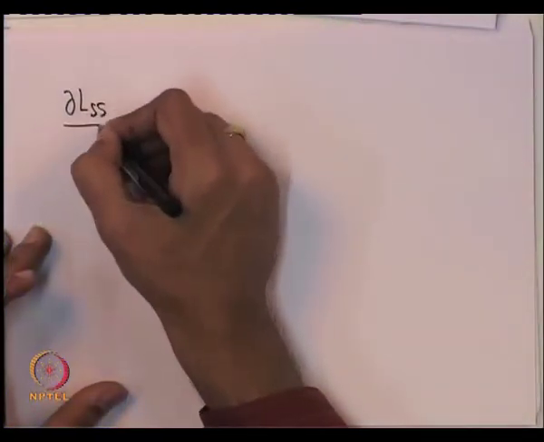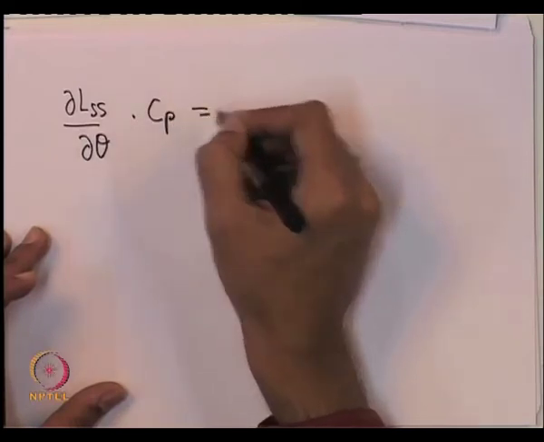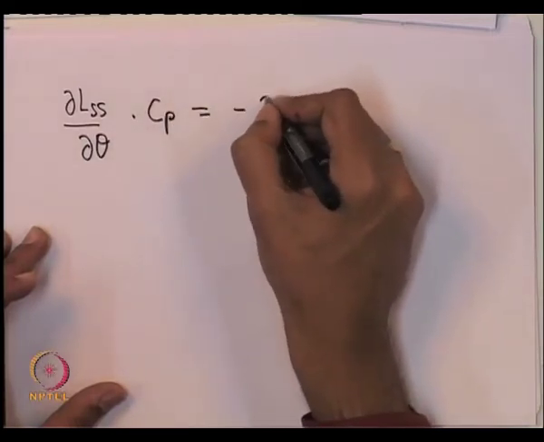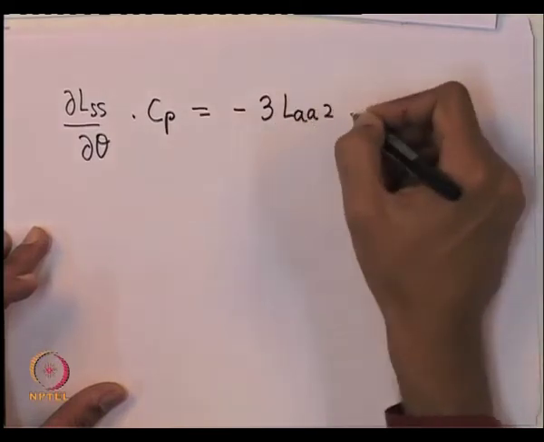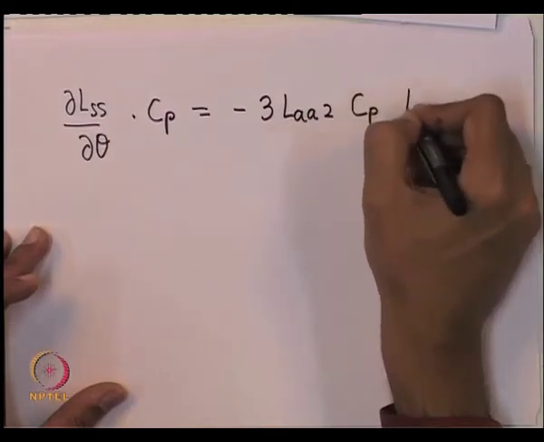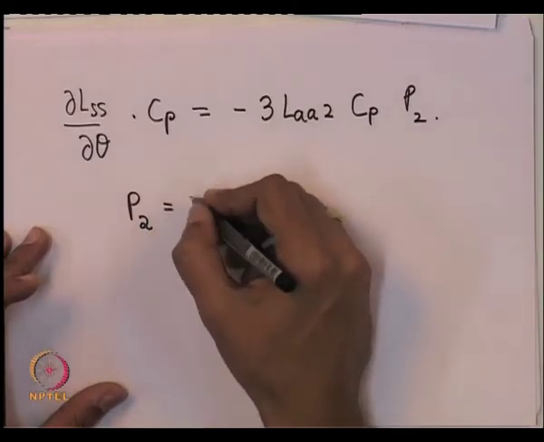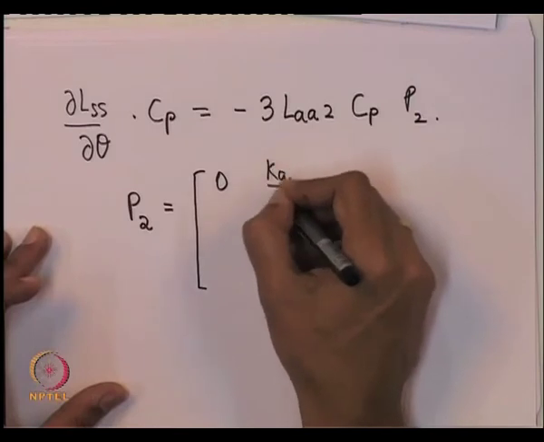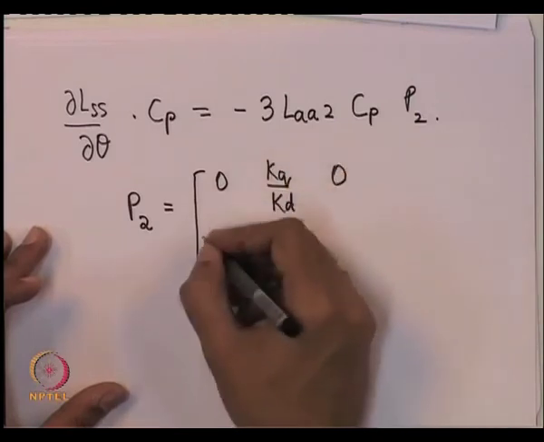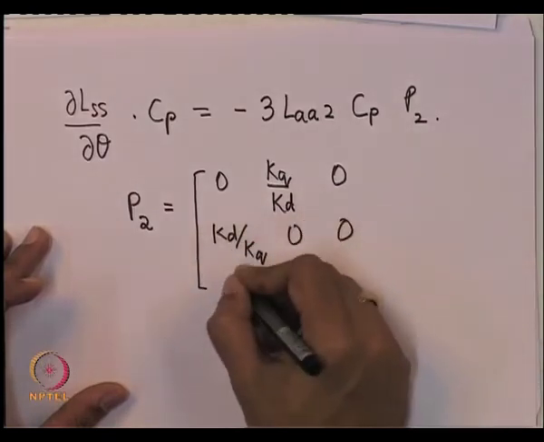Now, you can see that d LSS by d theta into Cp is nothing but minus of 3 LAA2 into Cp into P2, where P2 is 0 Kq by Kd, 0 Kd by Kq, 0 0 and 0 0 0.